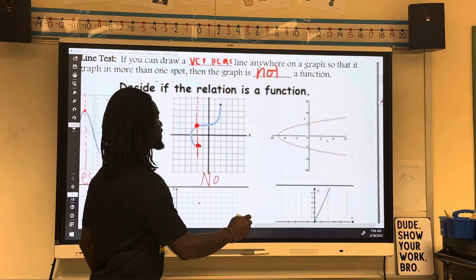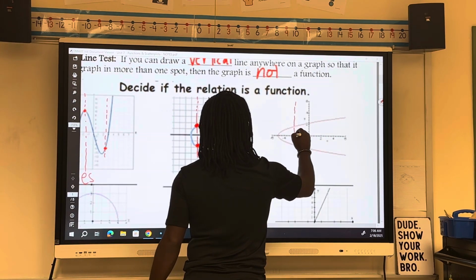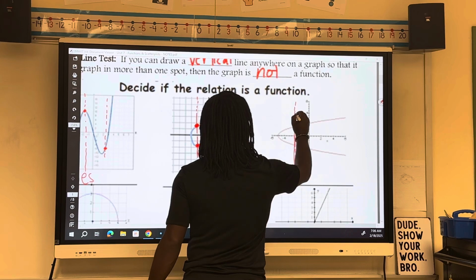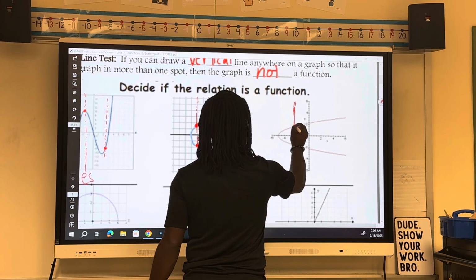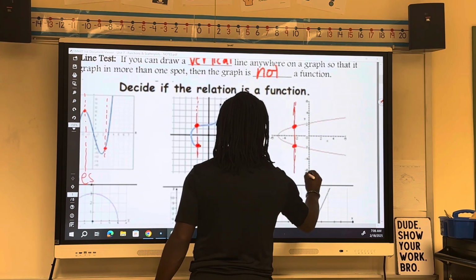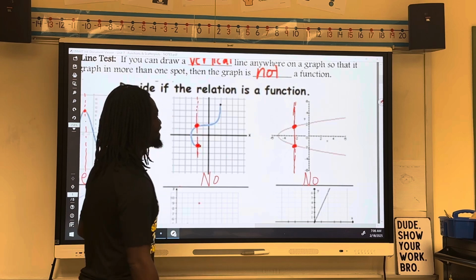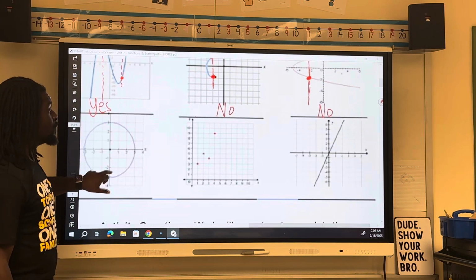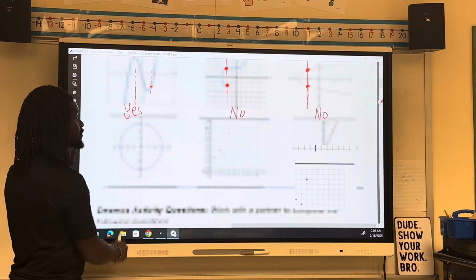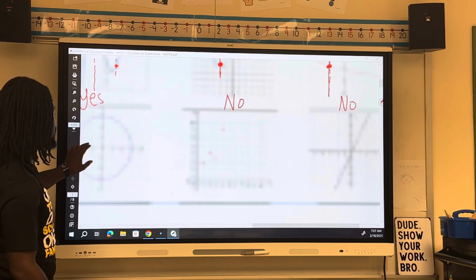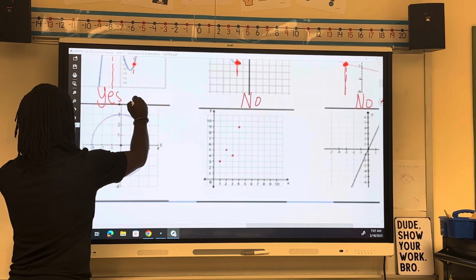All right, same thing here. What I will tell you is all of these graphs right here are more complex than what you're going to see in this unit. I'm just showing you this vertical line test, but when you get to high school, those are the type of graphs that you're going to be working with, right? Again, same thing in this case.